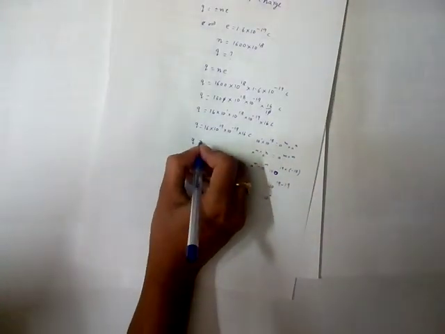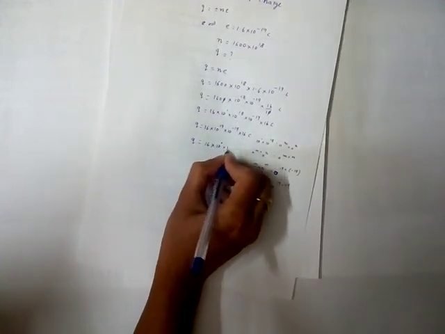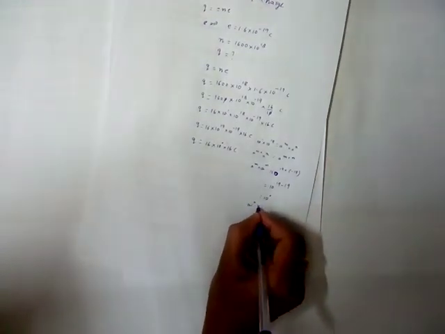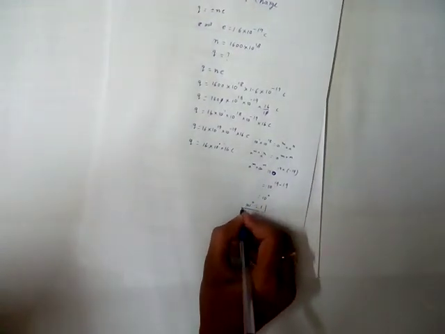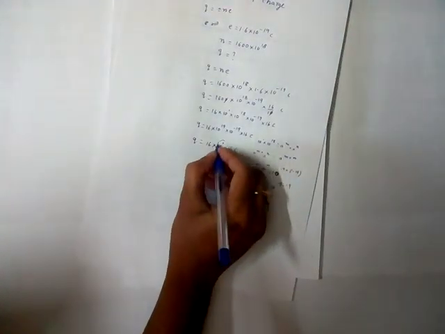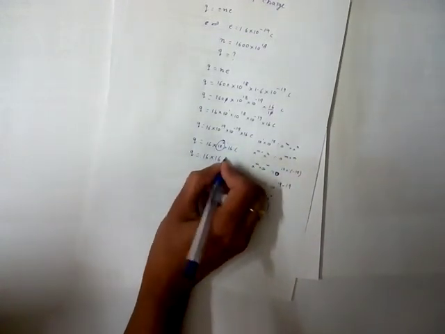So Q is equal to 16 into 10 power 0 into 16 coulomb. What is the value? A power 0 is equal to 1. That means any number power 0 you will get 1. So this will become 1. Q is equal to 16 into 16 coulomb.